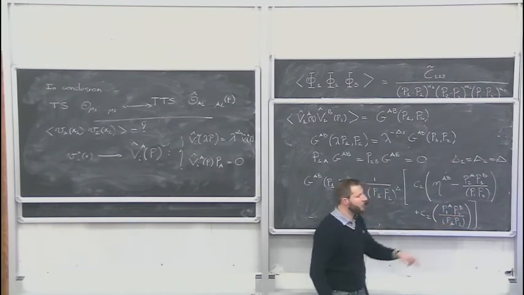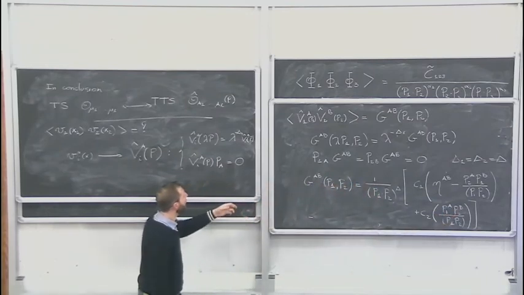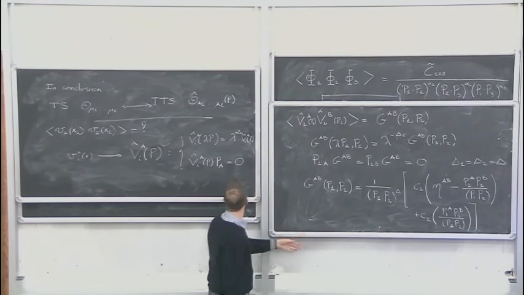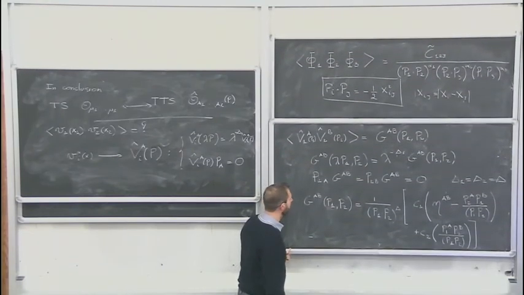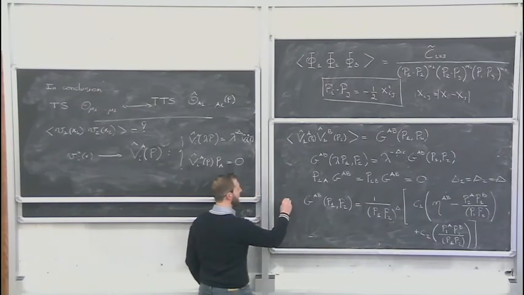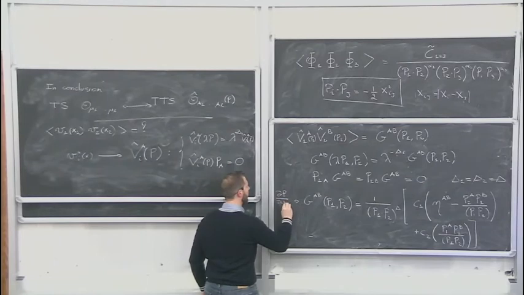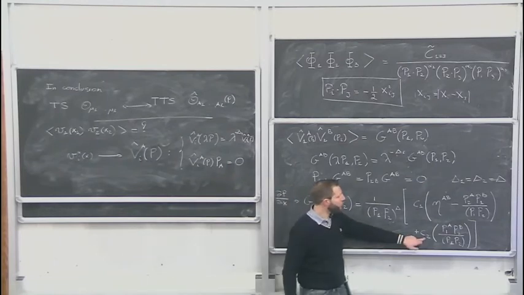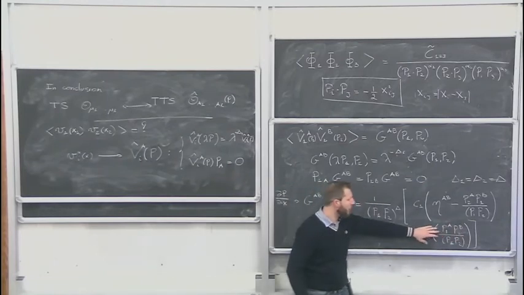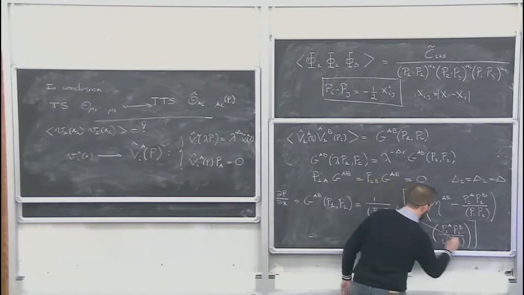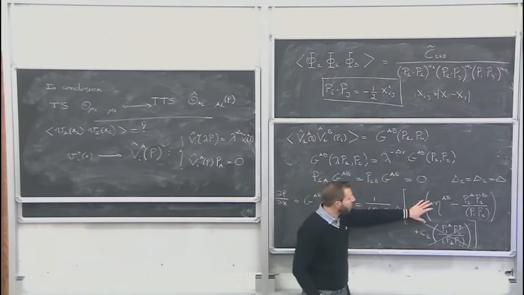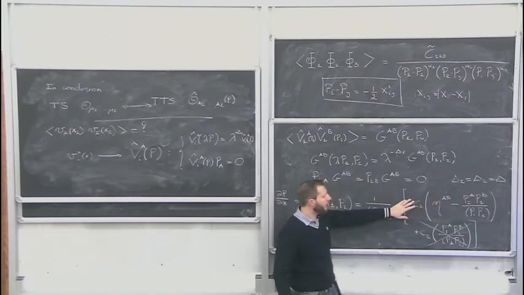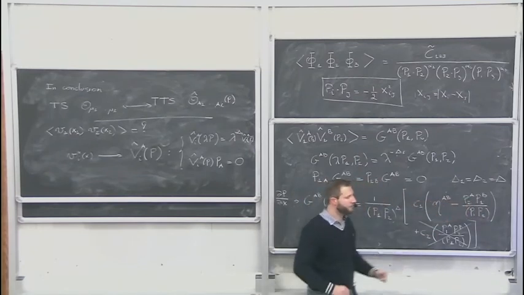When I project down, multiplying by dp over dx, the term proportional to c2 will be projected out, so I can simply forget about it. It turns out that only one combination is possible.